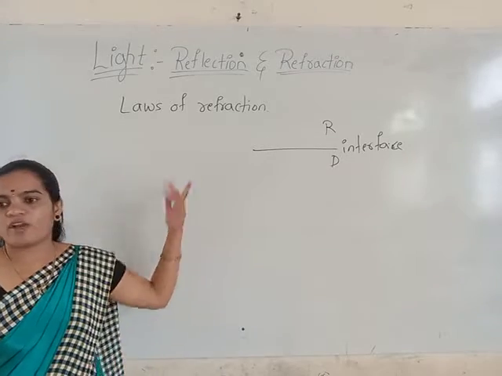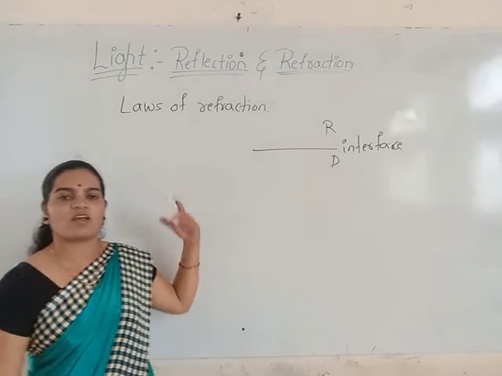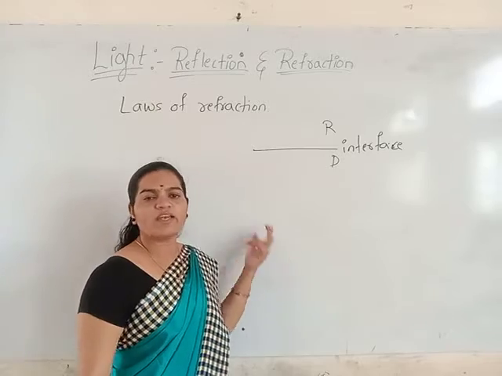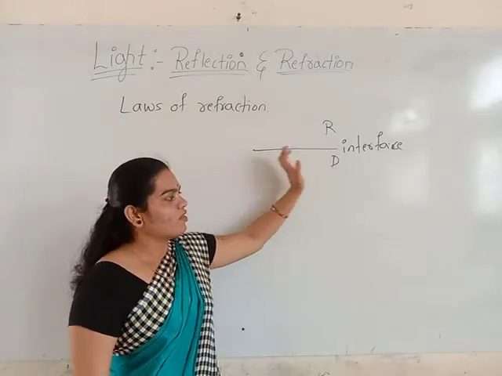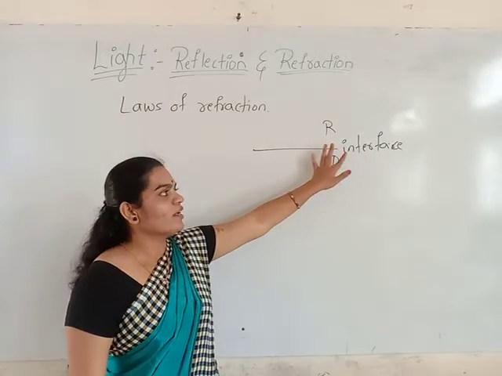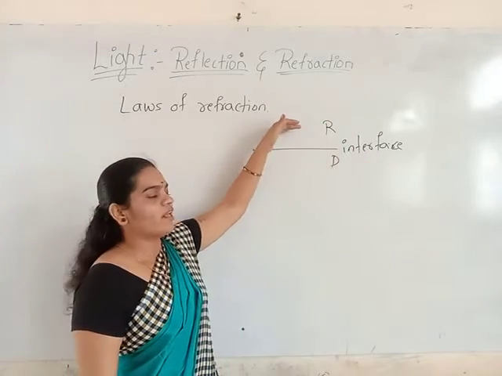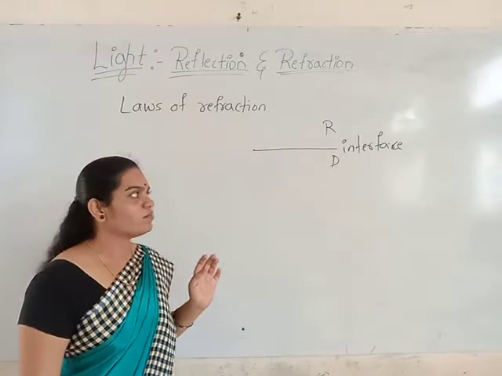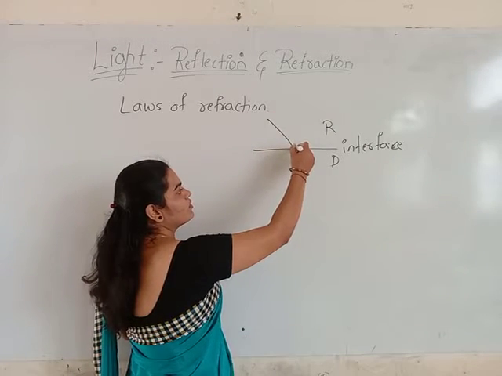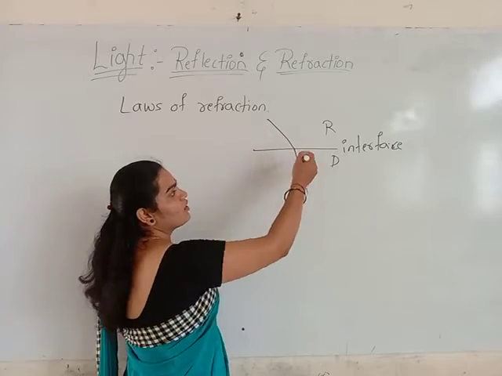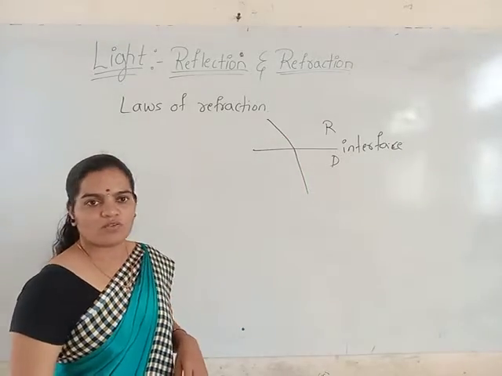If you are taking air or water, air or glass, water or glass, oil or water, any two mediums, the line which I have drawn here will be the interface between the rarer and the denser medium. So when the light travels from one medium to another medium, what happens? It bends, it changes its path.